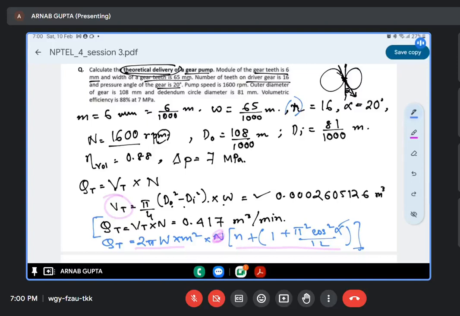So your n is nothing but 16 plus I square cos square alpha, I square divided by 12, multiplied by cos square alpha.